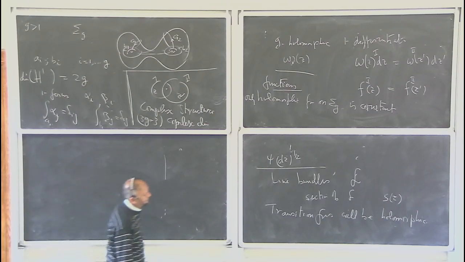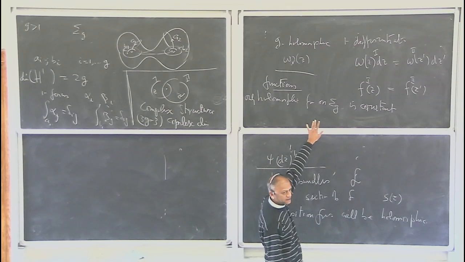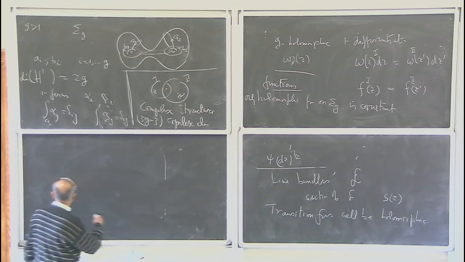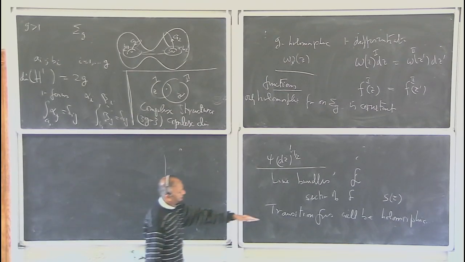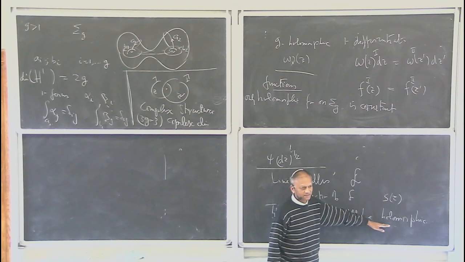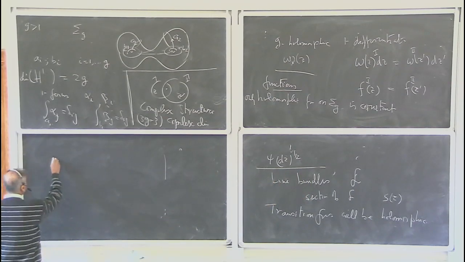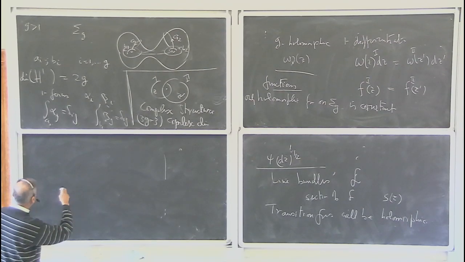Take any meromorphic section. But before I discuss that, let me first discuss meromorphic functions, because that will be easier to understand. So function is a particular case where the transition function is simply identity.